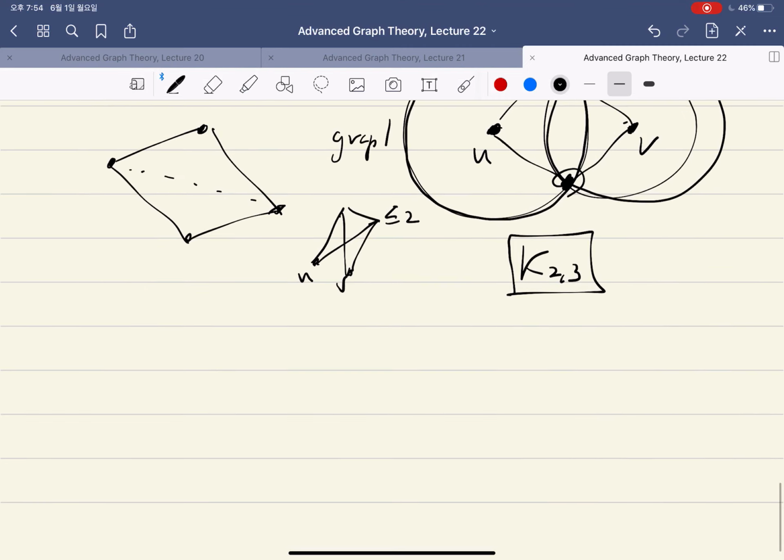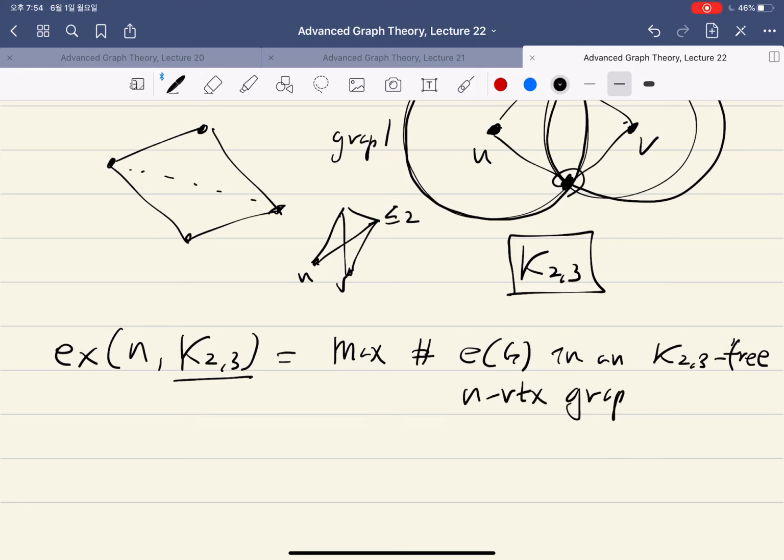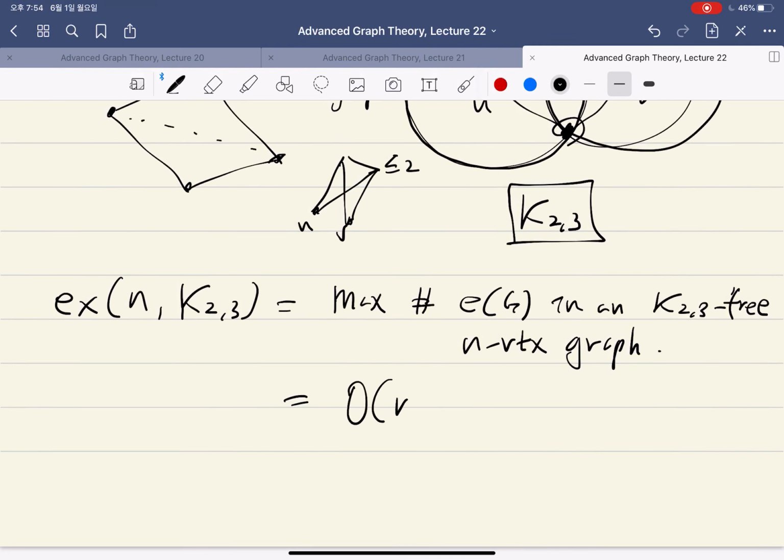And in undergraduate graph theory, we learned about the Turán number, or extremal number, which is the maximum number of edges in an n-vertex graph which doesn't contain K_{2,3}. From that, we learned that this is at most some constant times n to the 3 over 2.